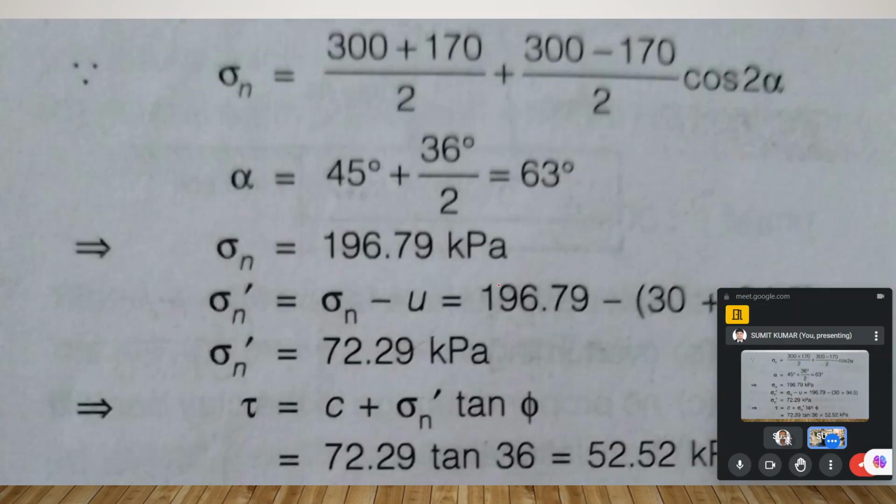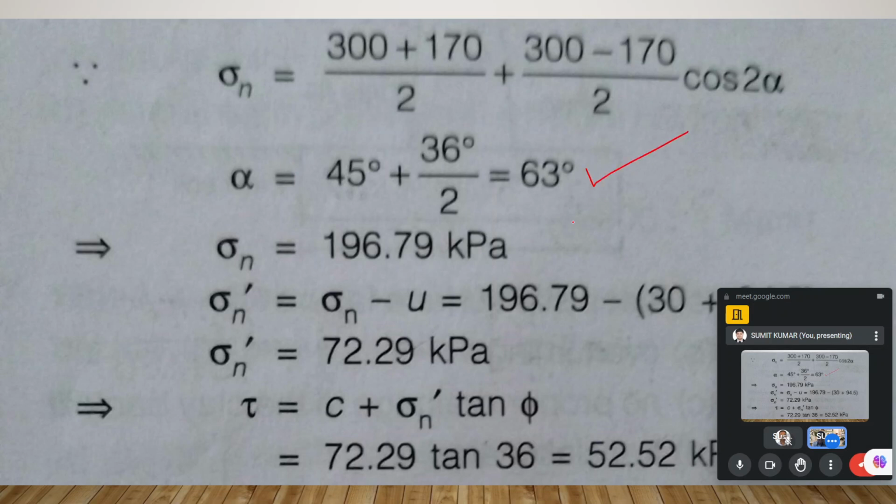First of all, we calculate the sigma n value, that is sigma 1 plus sigma 3, 300 plus 170 by 2. The horizontal and vertical direction stress is given. Plus 300 minus 170 by 2 into cos alpha, and phi is given as 36 degrees, so alpha is 45 plus phi by 2.